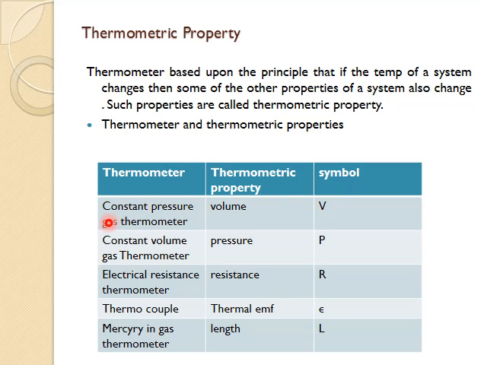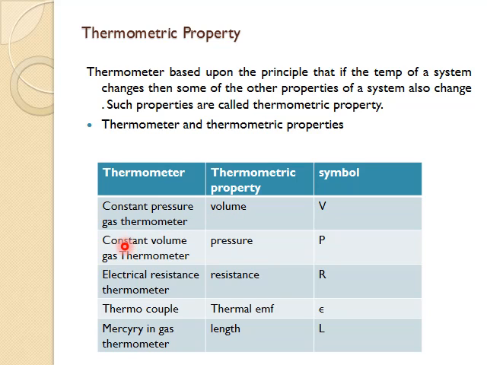Okay. Constant pressure gas thermometer means the pressure of that particular body will be constant, but the volume of the body or system will be changing. This change in the volume is measured as the temperature change. So this volume will be utilized to measure the temperature change of a body.